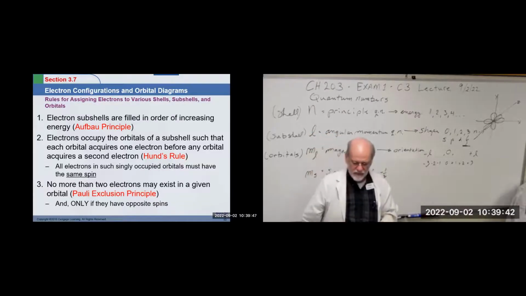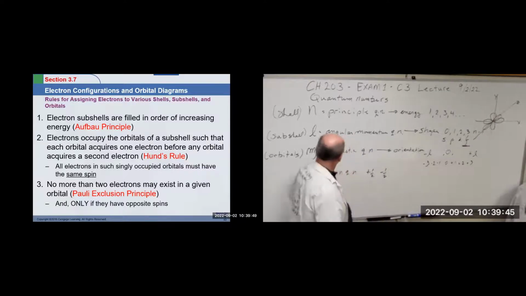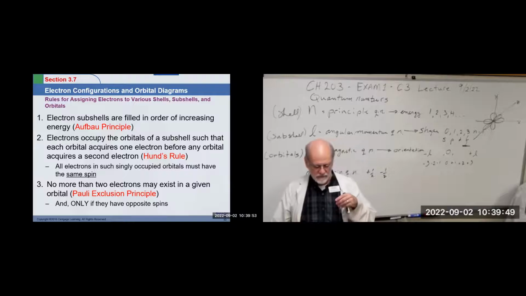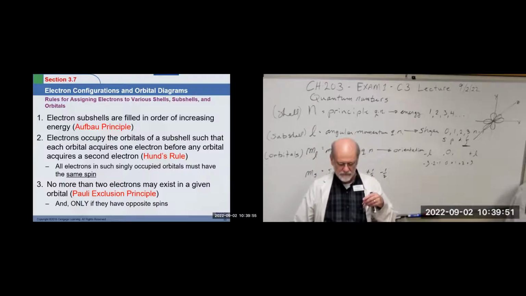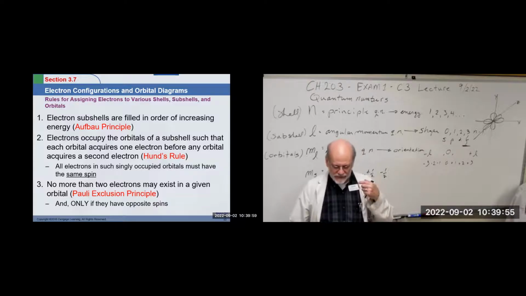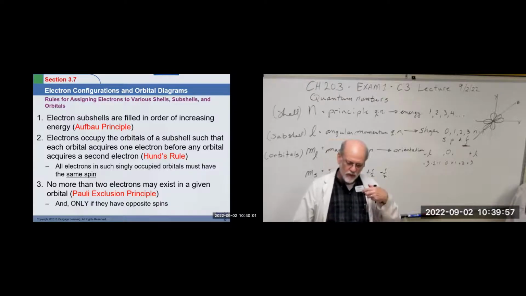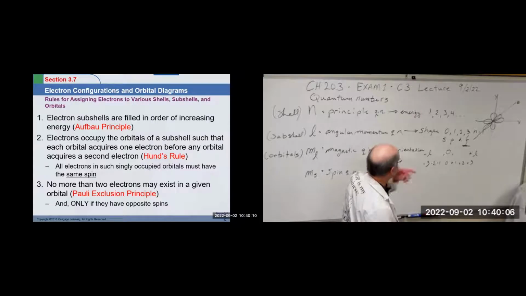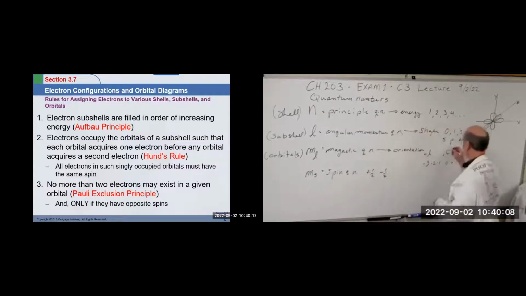Hund's rule. These orbitals and subshells are occupied by electrons such that they have to have at least one electron in them before the second electron can be added. In other words, let's see. Okay, let's use the P as an example, right?